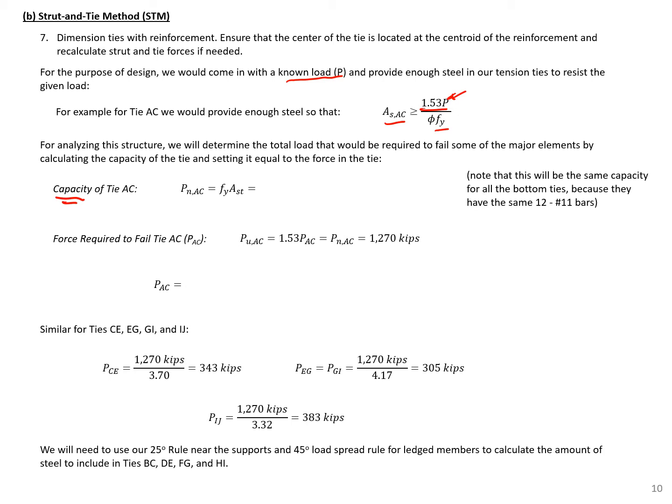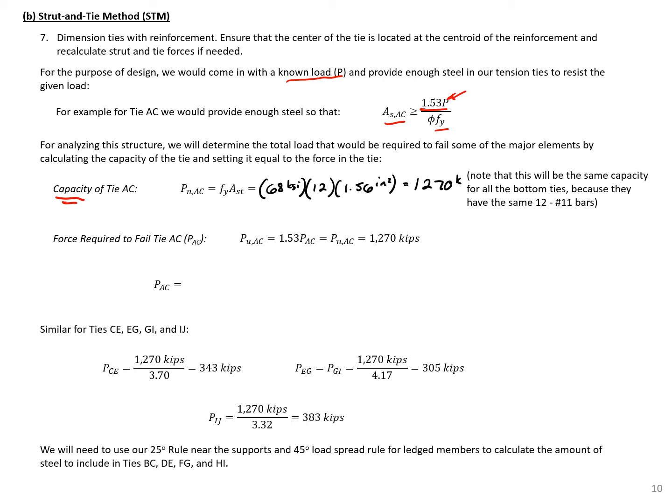So the first tie that we'll find the capacity of is tie AC. So our tie has a yield strength of 68 ksi, and we have a total area of 12 number 11 bars. So this will give us a total capacity here of 1,270 kips.